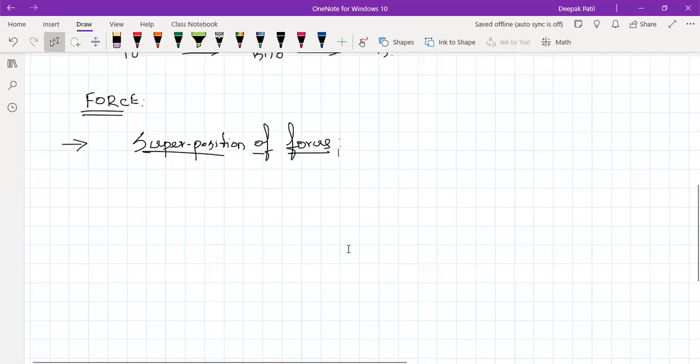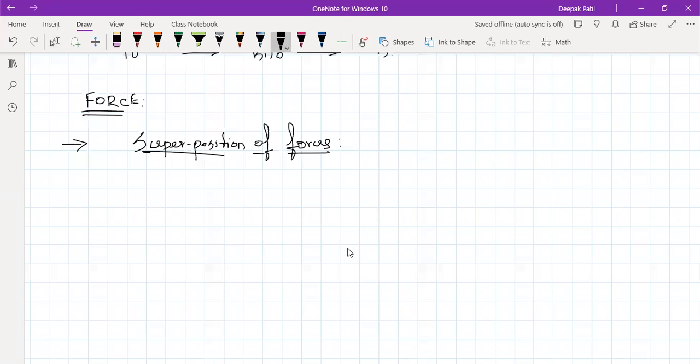Okay, let me explain. The principle is very simple. The principle of superposition of forces states that the combined effect of a force system acting on a particle or a rigid body is the sum of effects of the individual forces.